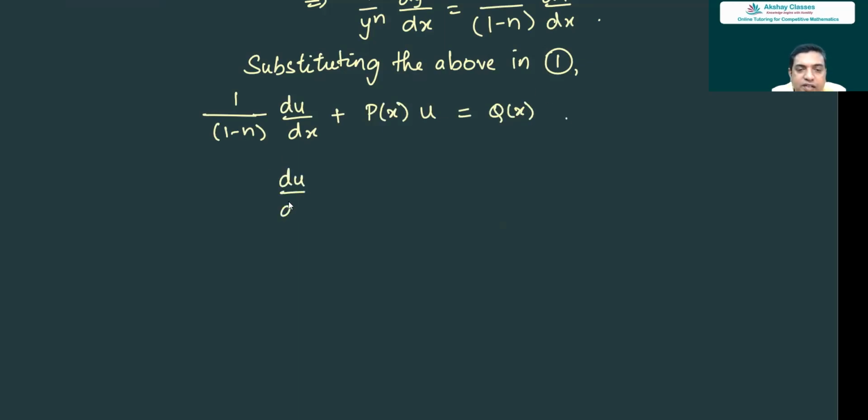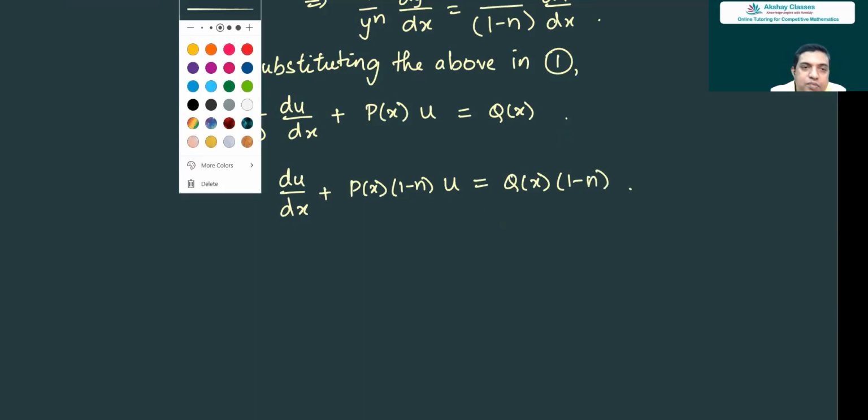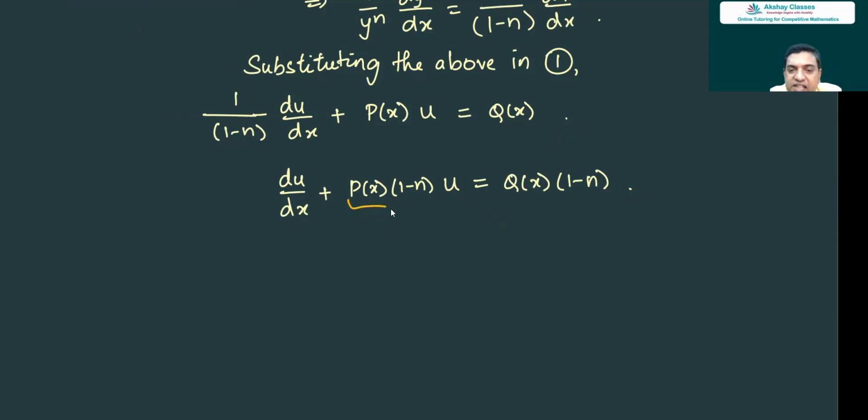So we can simplify further: du by dx plus p of x into 1 minus n times u is equal to q of x into 1 minus n. So this together you should take as p, and this together you should take as q, because you have just multiplied this by a constant. We cannot write this as p bar as this function and this as q bar.